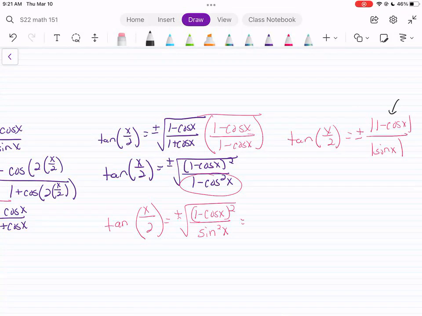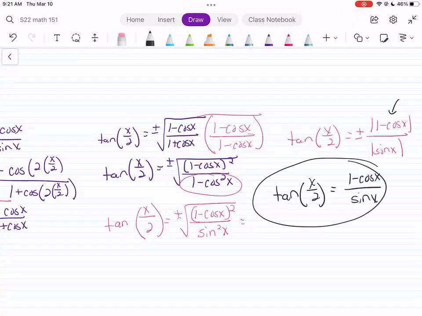And we can also discard the absolute value on the bottom since the tangent of x over 2 and sine have the same sign and the tangent was positive. So we end up with our proof that the tangent of x over 2 is equal to 1 minus the cosine of x over the sine of x.